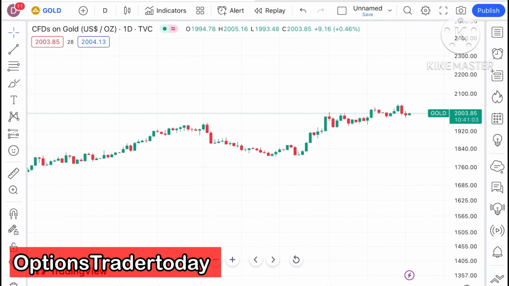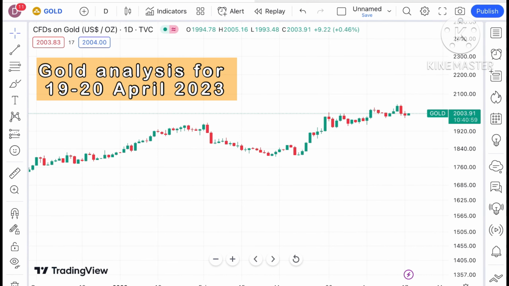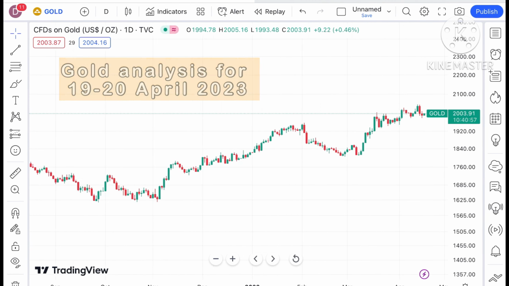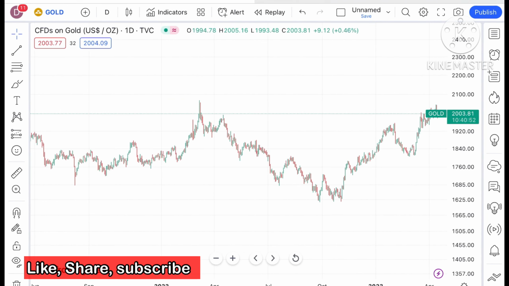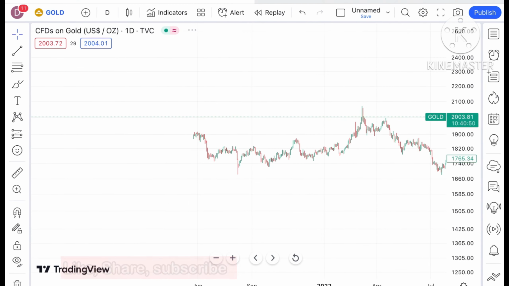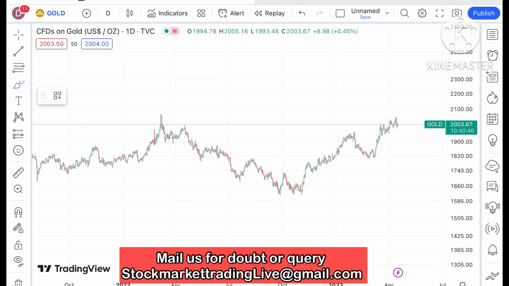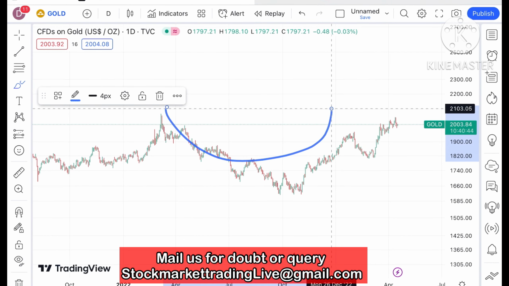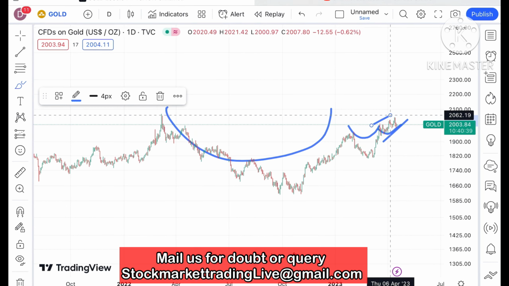So today in this video I will explain how the price of gold has moved in the last 2 days and how the price of gold can move in the next 2 days. If you look at the chart of gold, after 2022 we have seen a pattern forming, and these two are similar patterns. As you can see looking at this particular chart, this is the same pattern and this is the same pattern, and a fall we have seen, and there is a continuous upside.